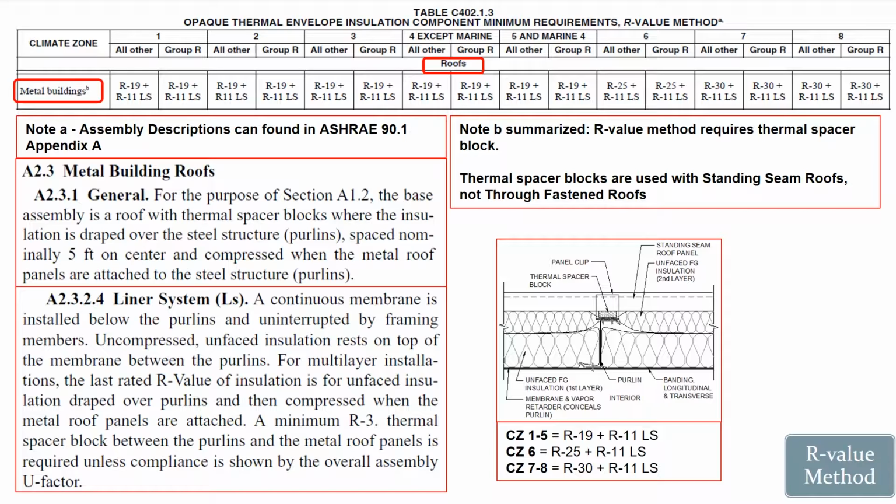And so you would need to get in touch with the metal building manufacturer up front to make sure that they are aware of this structural change, to see if they would have any other recommendations for a through fastened roof. You can use a through fastened roof if you go with the U-factor method.